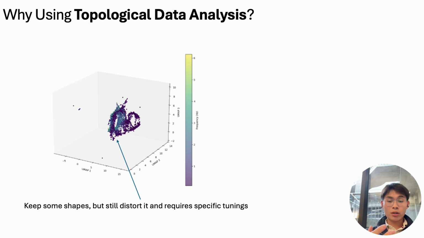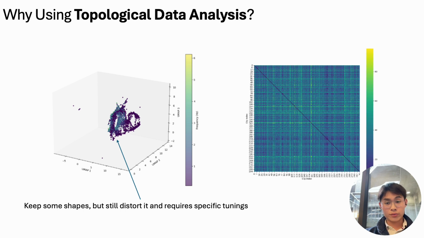In essence, all dimensionality reductions distort the data in some sense, because they do projections in one way or another. Compare this with TDA, where we use plain persistent homology on each clip space, and then compare clips based on these persistent signatures using the 2D Wasserstein distance as a distance metric.